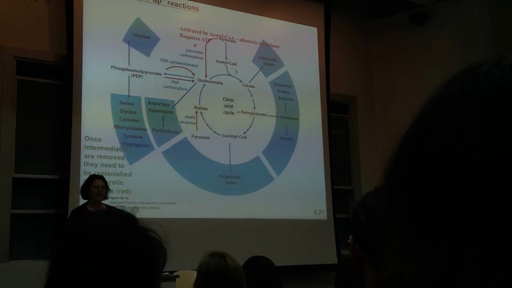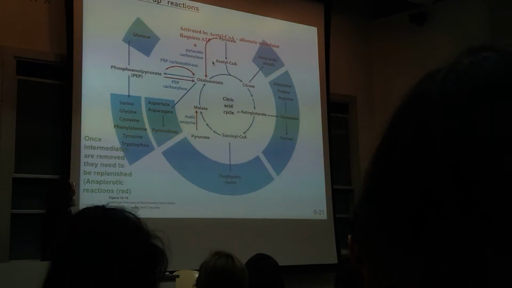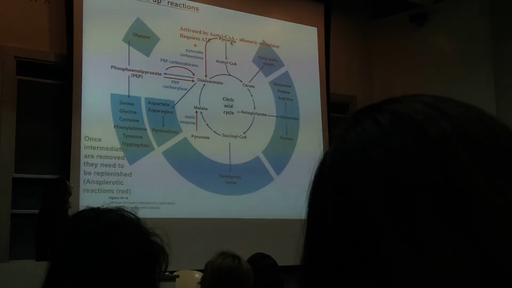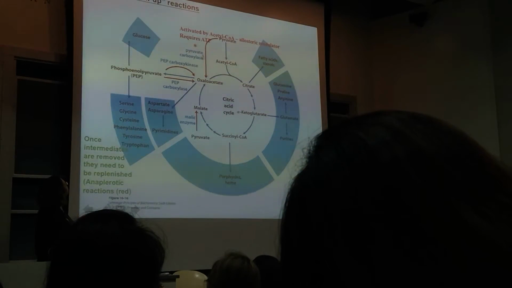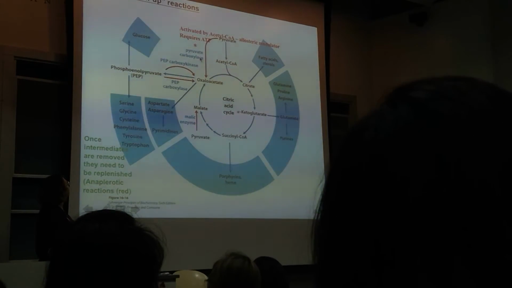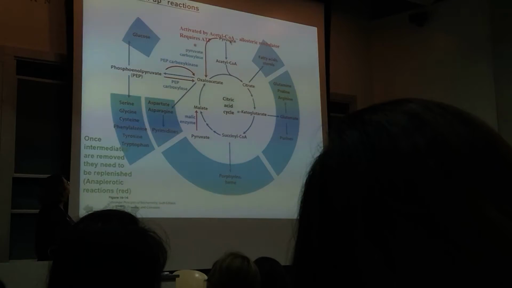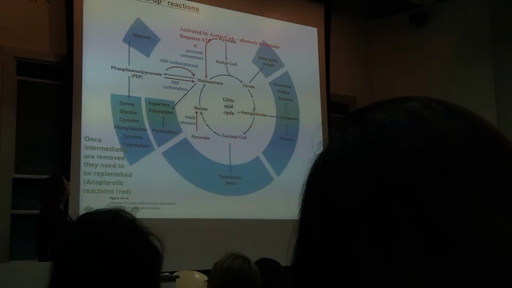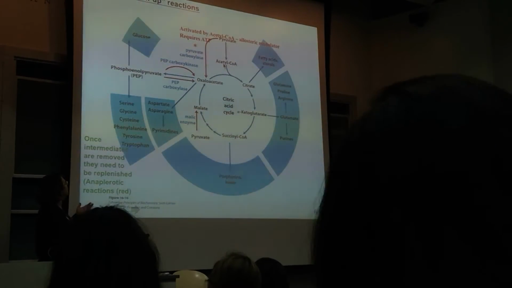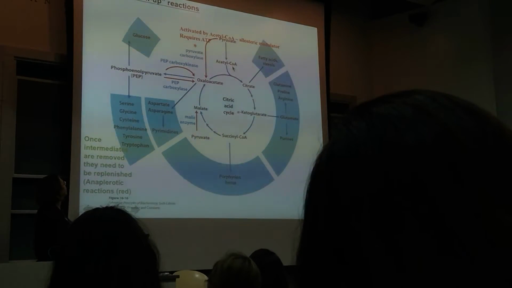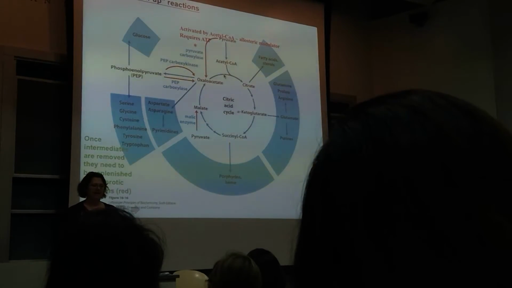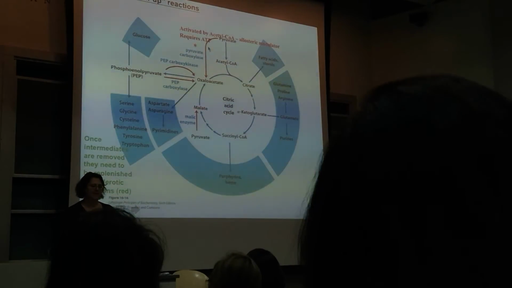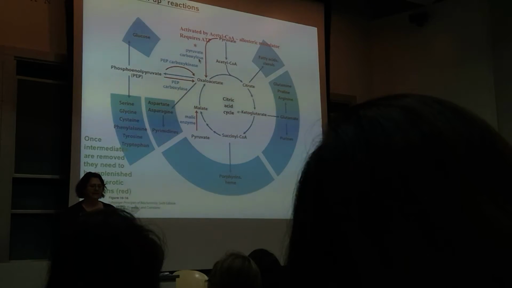The major regulator is actually here. If we don't have enough oxaloacetate, pyruvate can be converted to oxaloacetate by pyruvate carboxylase. In order for this to move forward, it needs acetyl-CoA. This enzyme, pyruvate carboxylase, is activated by acetyl-CoA.